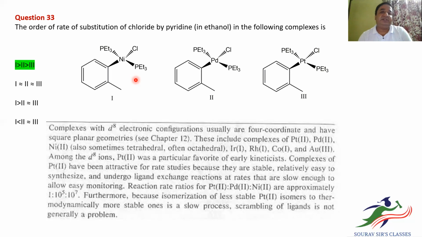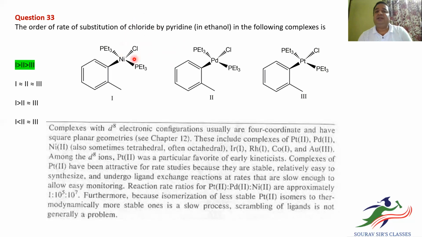That means the ligand will come, and they will form, not a square pyramidal, rather a TBP intermediate, or go through a TBP transition state. So if it is following associative mechanism, obviously there should be an intermediate, which will be TBP.